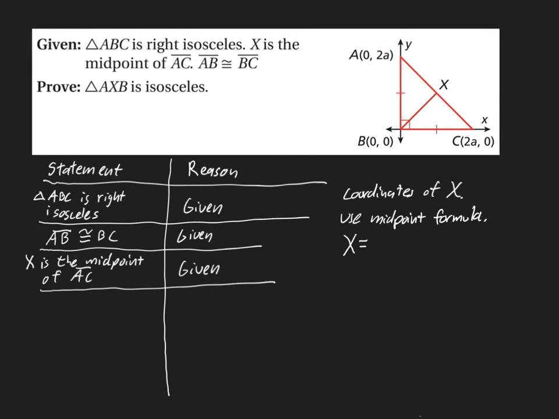So here I get x is equal to 2a plus 0 divided by 2, and then 0 plus 2a divided by 2 for the y value. When we simplify that down, we just get the coordinates of a, a. So let's write that statement down in our proof and give the reason of the midpoint formula. And then I'll also mark that on my diagram, that point, the coordinates of a, a.